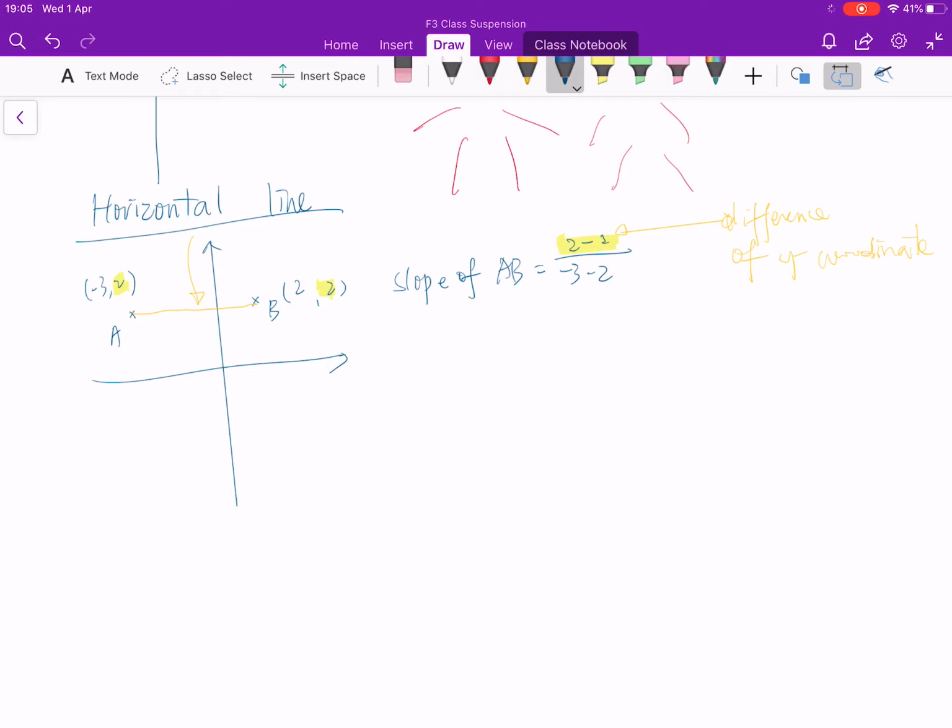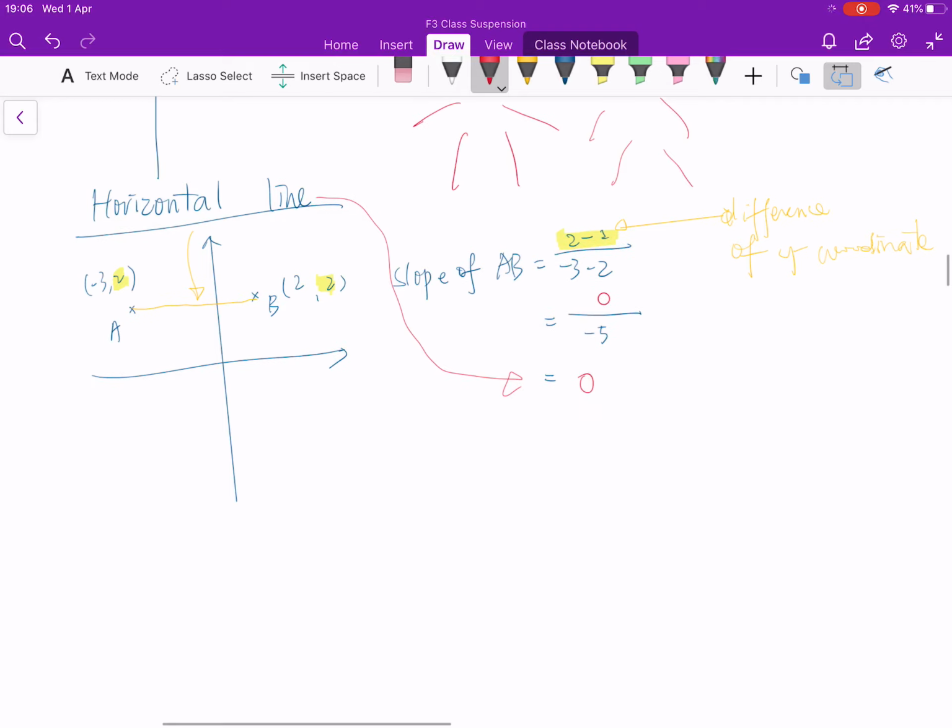So for a horizontal line, when we calculate the slope, we always have 0 over the difference of their x coordinates. This is -5 this time. So for 0 divided by any number, the answer must be 0. So for a horizontal line, the slope is always 0.